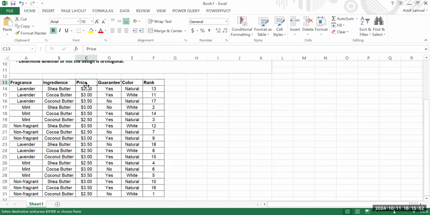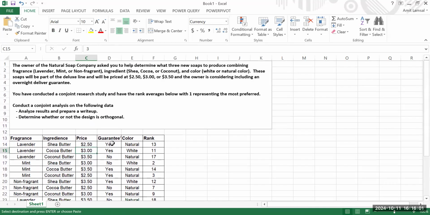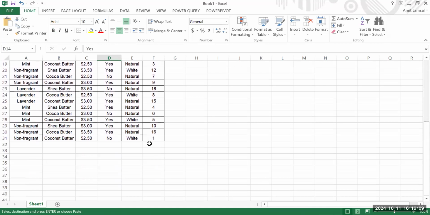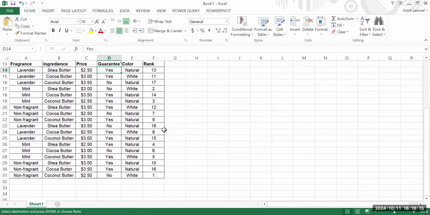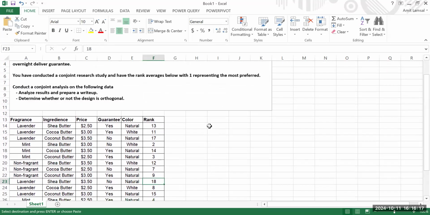And in price, you have three sections: $2.50, $3 and $3.50. In guarantee, you have two options, either yes or no, and in color you also have two options, natural and white. The ranks are given according to their preferences. Here we can see the highest rank given is 18.